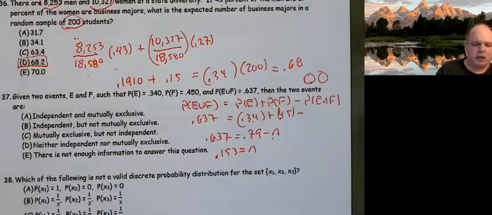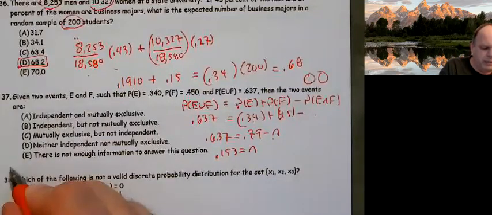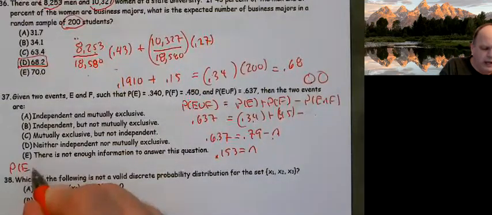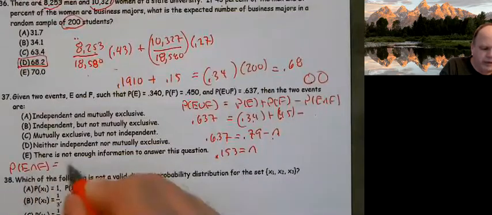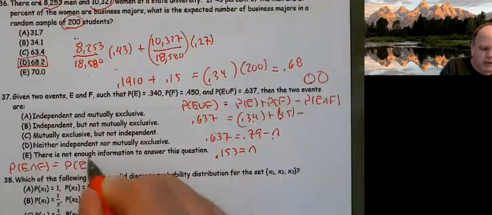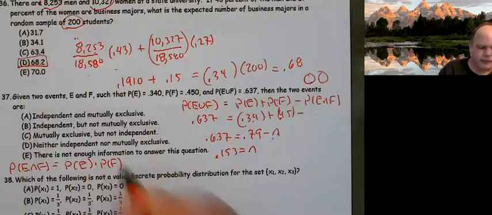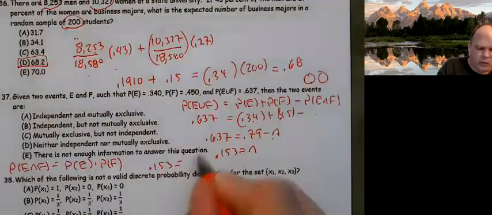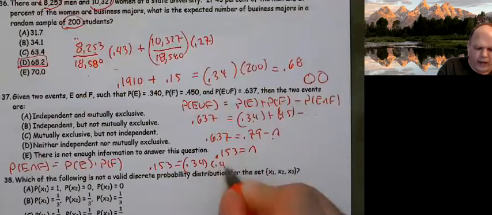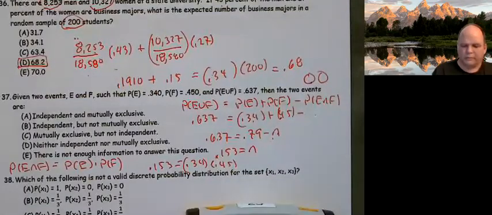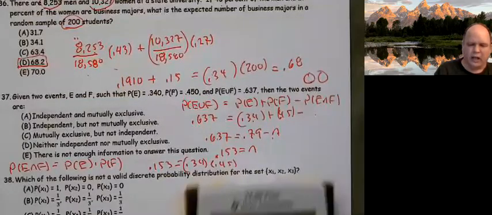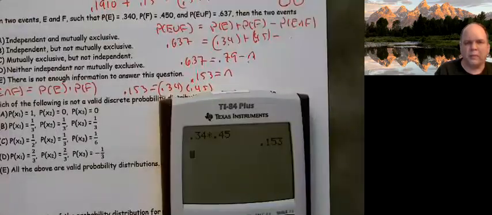So now I need to check independence. If independent, the probability of E and F equals the probability of E times the probability of F. So 0.153, does it equal 0.34 times 0.45? 0.34 times 0.45, it does. 0.34 times 0.45 does equal 0.153.